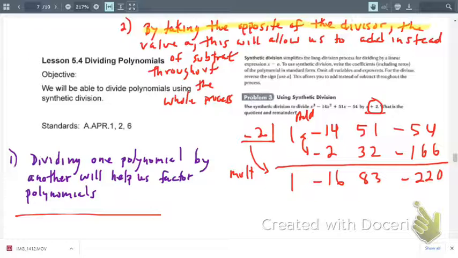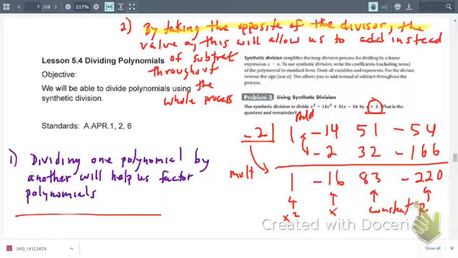And so at the very end, we will add in our variables. This last number is the remainder. This number right here is your constant. This number right here is the coefficient in front of your x term. This number right here is the coefficient in front of your x squared term. And so we can rewrite as, so what is the quotient and the remainder?